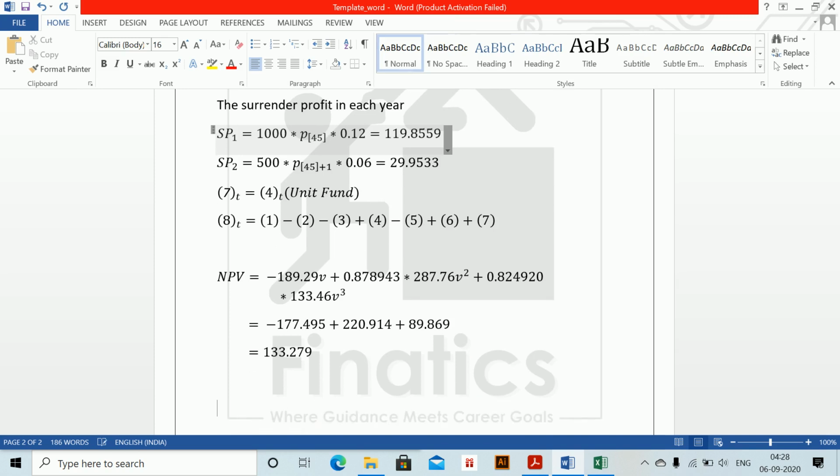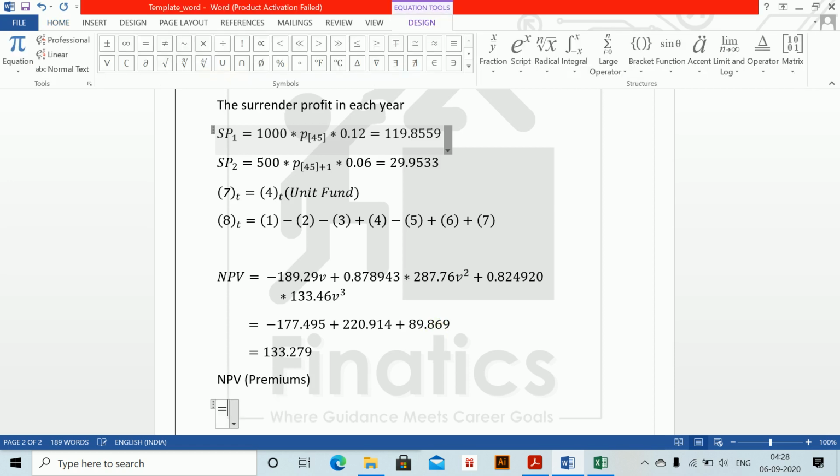Okay, next the net present value of the premium. NPV premiums is equal to 4000 into 1 plus 0.878943 V plus 0.824920 V squared.